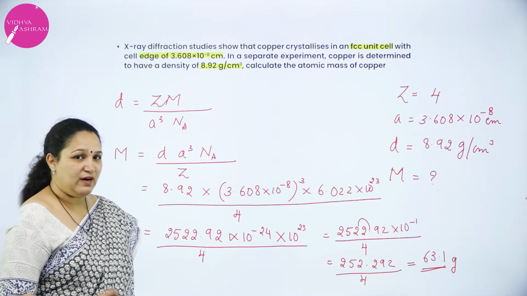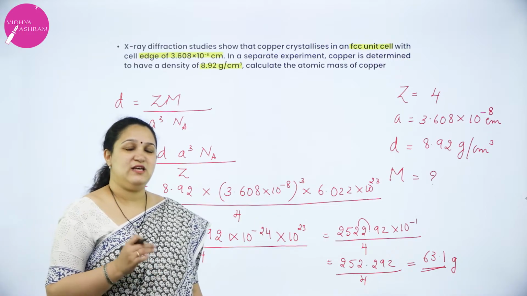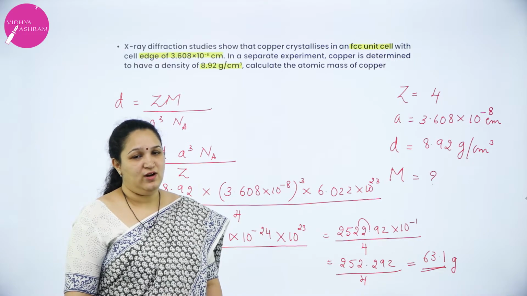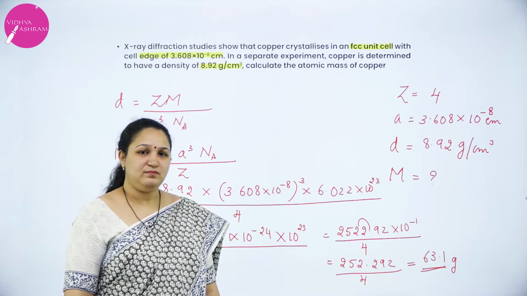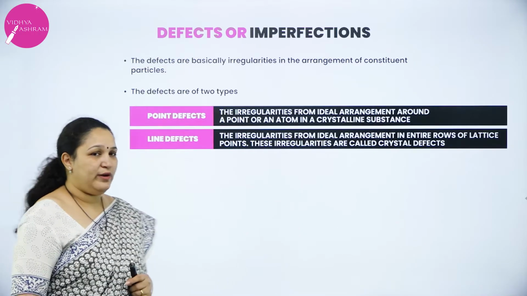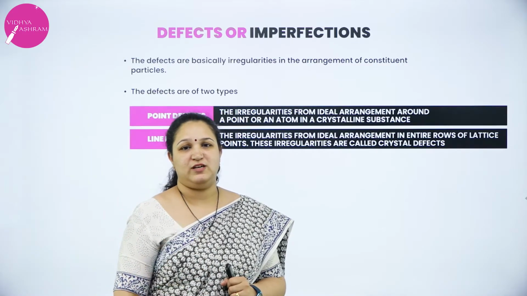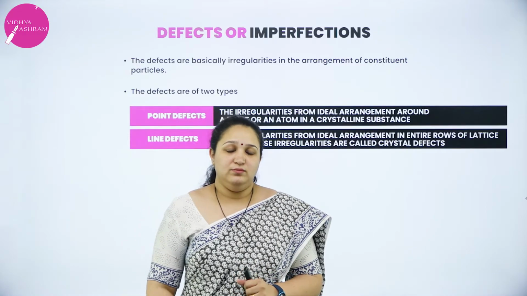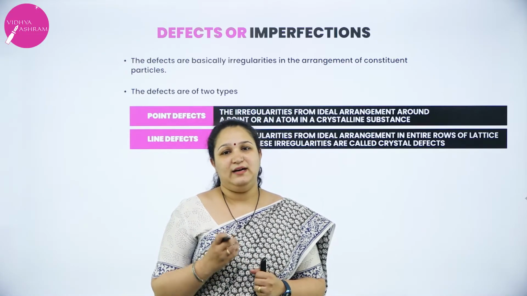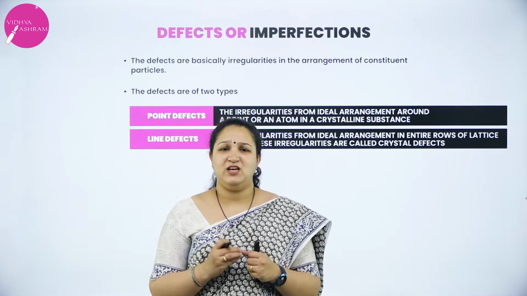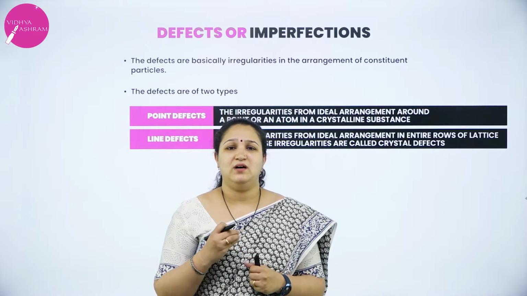I hope you have understood how to solve these two types of problems which can be asked for your final exam. Next, we are going to learn what are defects or imperfections. Now, what do you mean by defect? Defect means there is some variation or some imperfection.